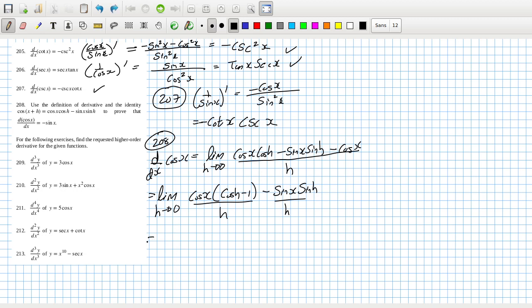I can take out the cos x because this has a limit. Limit as h goes to 0 of cos h minus 1 over h minus sine x times, and this one has a limit, h goes to 0 of sine h over h. That's a 1 and that's a 0.